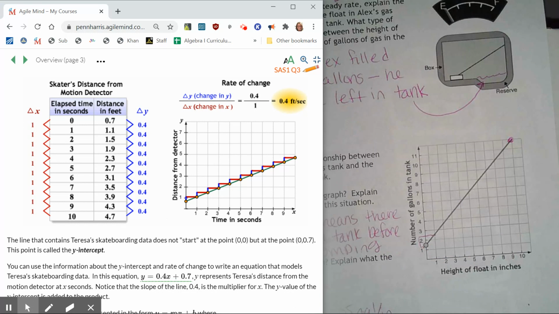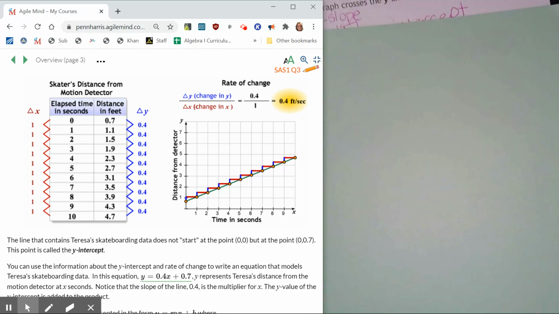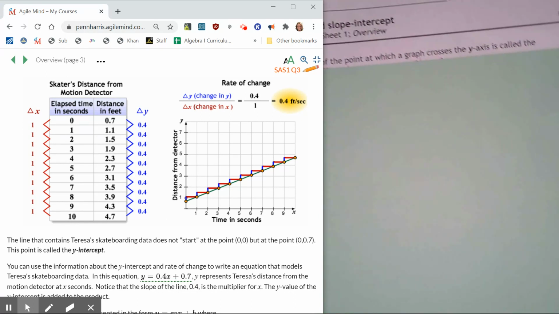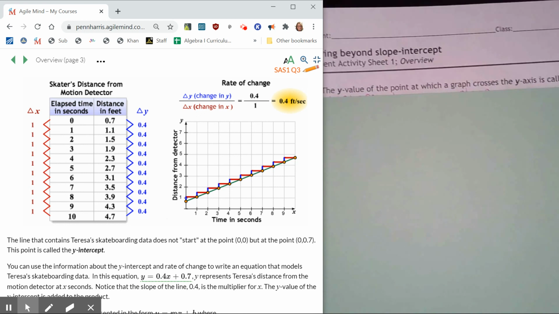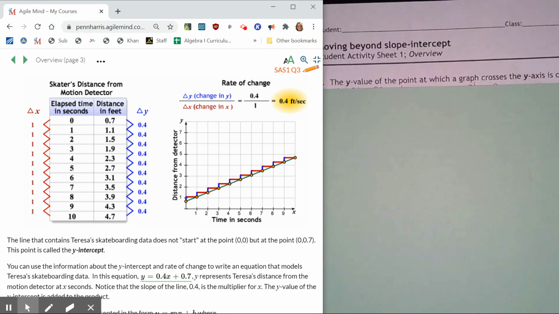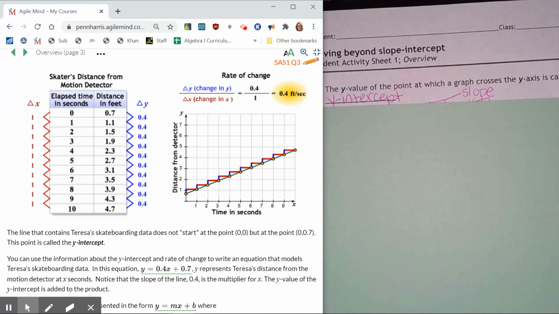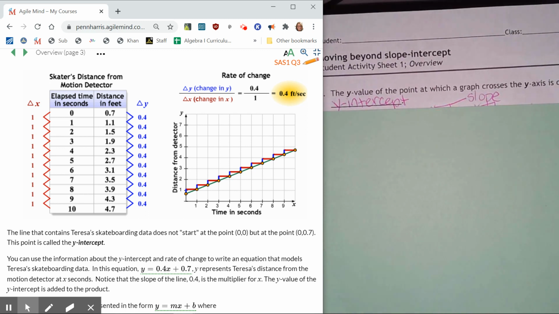Okay, question 3. We're going to introduce some new terms in this section right here. Okay, what we have is the y value of a point at which a graph crosses the y-axis. Well, all that is, guys, is what we call the y-intercept. So where a graph crosses the y-axis.